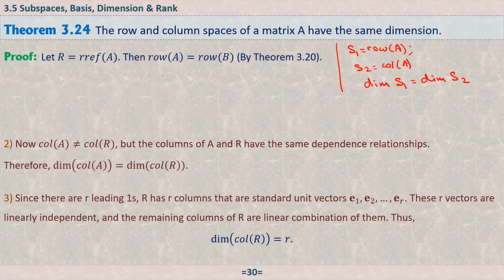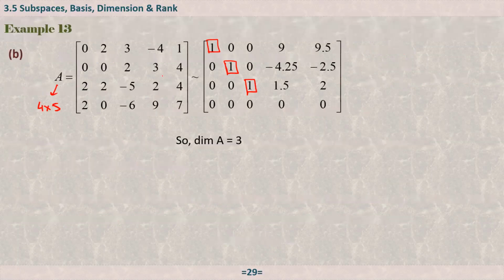If you just look at the previous example, right here we have this R. What is it? It is R, the reduced row echelon form of A, right? And so how many vectors is this row space or column space spanned by? Actually, it depends on how many leading ones we have here, right?